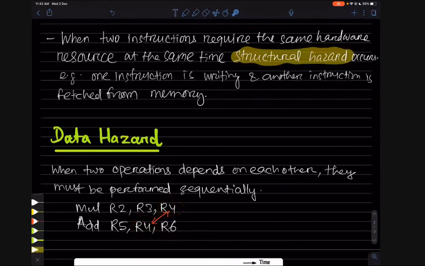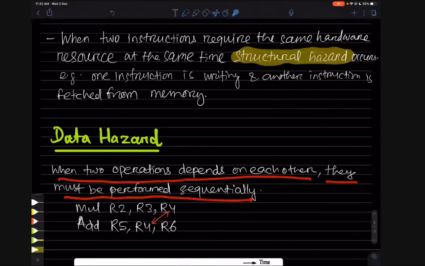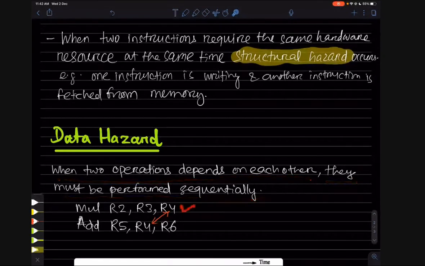So when two operations depend on each other, they must be performed sequentially, because the second instruction depends upon the previous instruction and there is a data dependency.